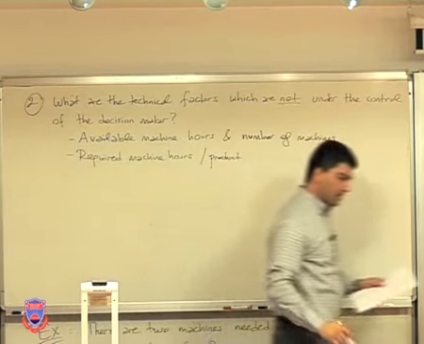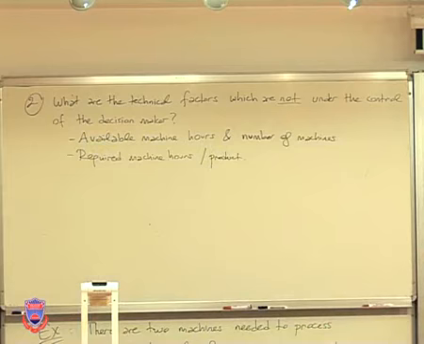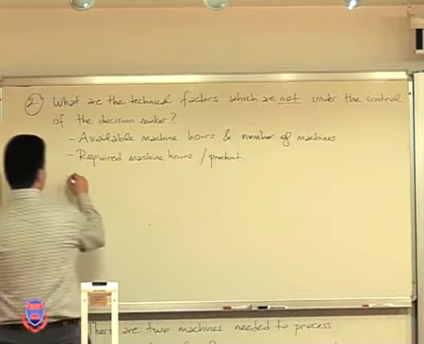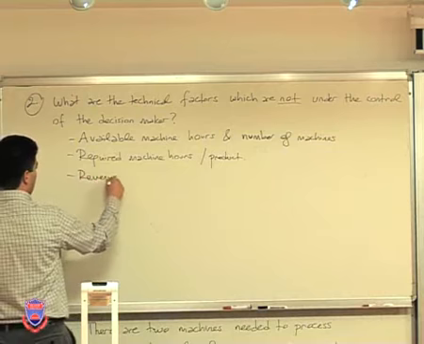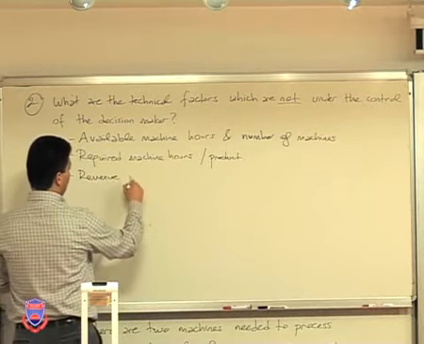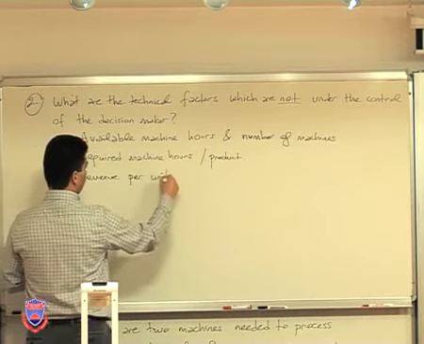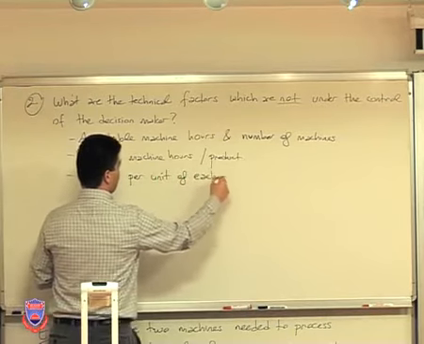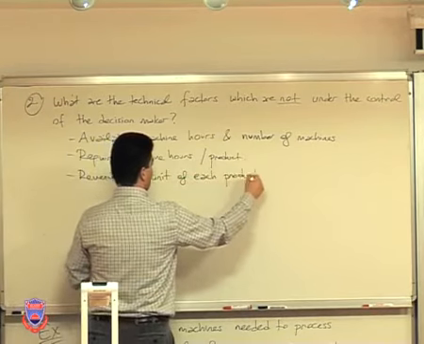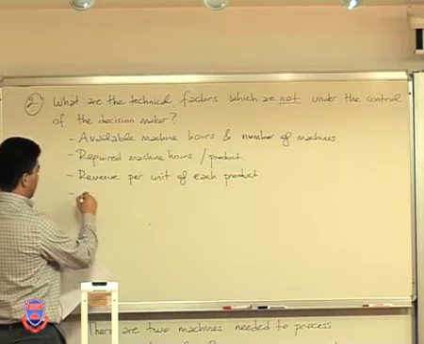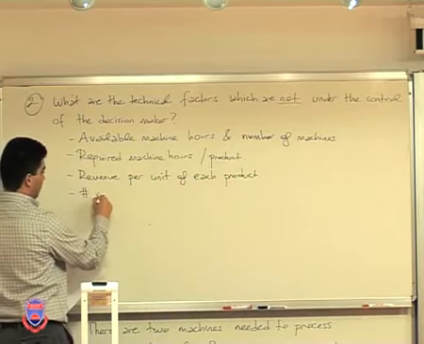What do I mean by that? We cannot really change, for example, the number of minutes per liter. That's also given to us. We cannot change the revenue per unit of each product, and we cannot change the number and mix of products.